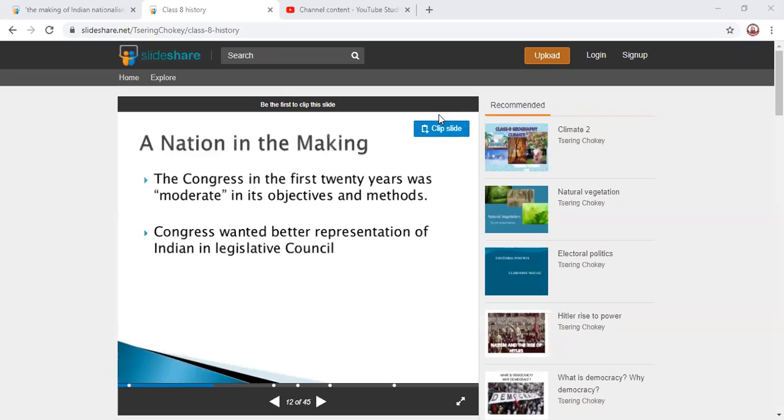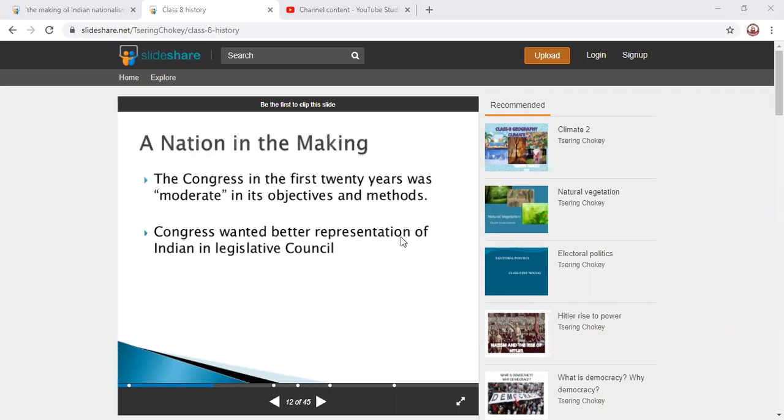They also tried to mobilize public opinion through speeches and writings critical of British economic policies.